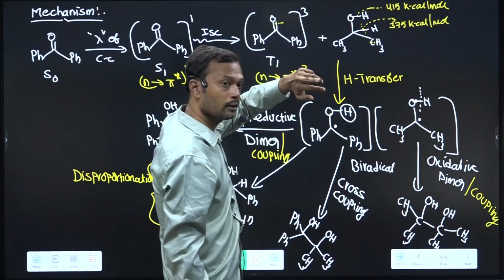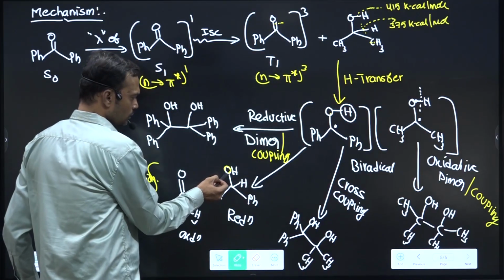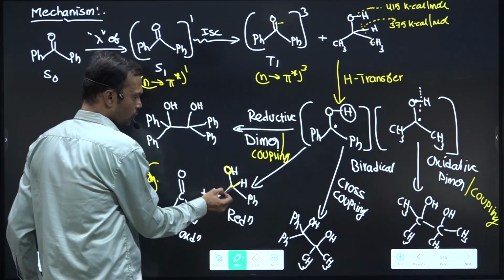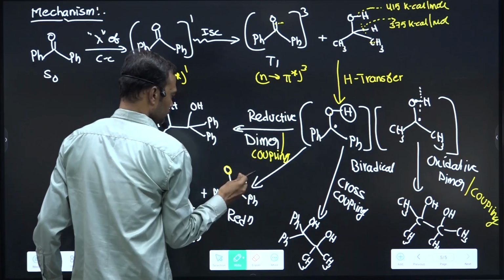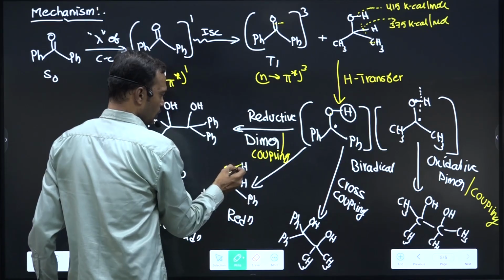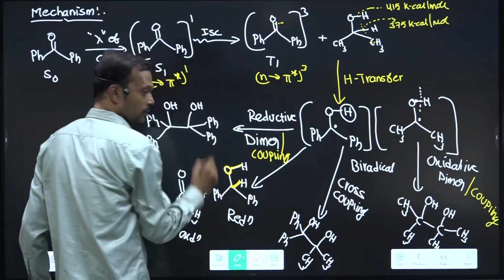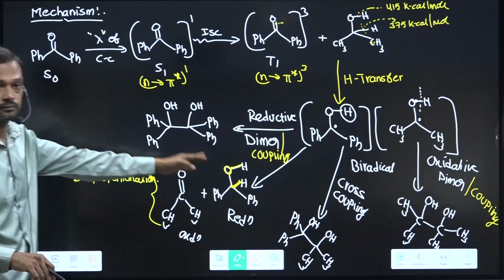Later followed by carbon. Two hydrogen transfers. First hydrogen transfer on oxygen, second hydrogen transfer on carbon. Whatever points I gave, those characteristics, almost all points belong to this mechanism.